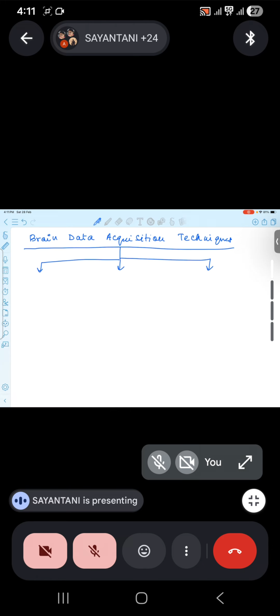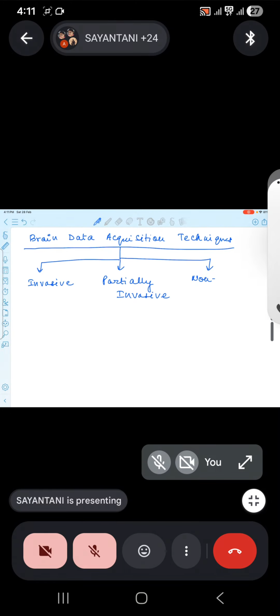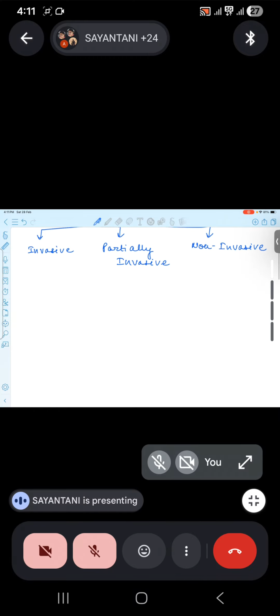The first category under it is invasive. The second one is partially invasive. And the third one is non-invasive. So let's begin with the first category, that is invasive.